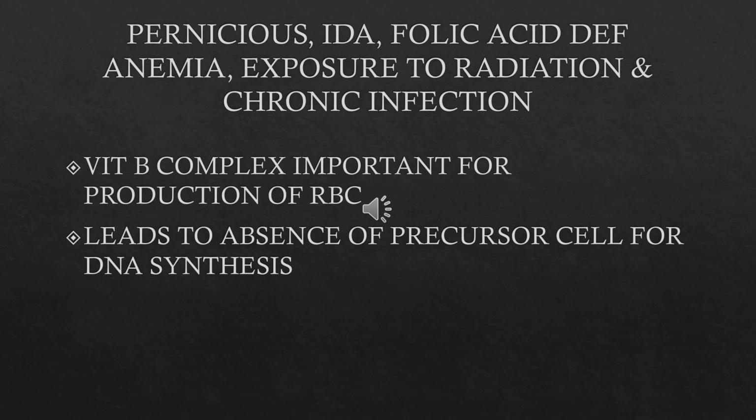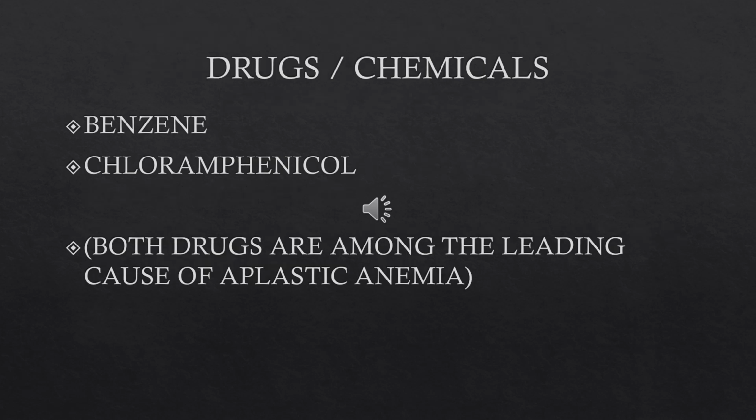For radiation and chronic infection, it also affects the vitamin B complex in your body, therefore having decreased reticulocytes. Lastly, we have drugs and chemicals. These drugs are among the leading causes of aplastic anemia. These are benzene and chloramphenicol.